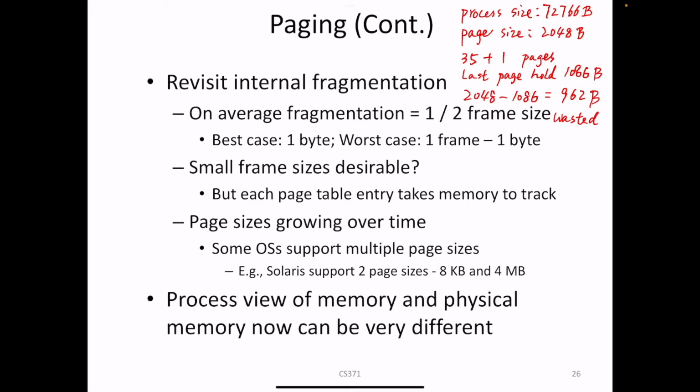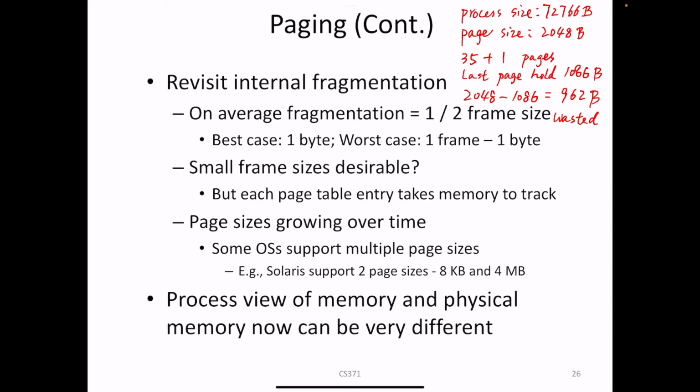For example, the Solaris operating system can support 2 page sizes, 8 KB and 4 megabytes. When the process is small, you can choose the 8 KB page size to decrease the wasted memory. If the process is too large, you can use the 4 megabyte page size to shrink the size of the page table.